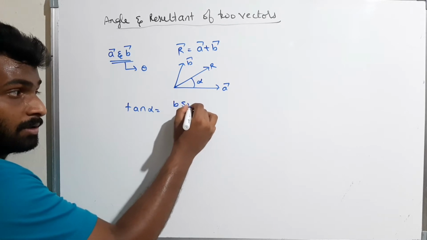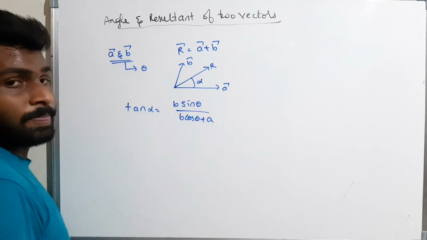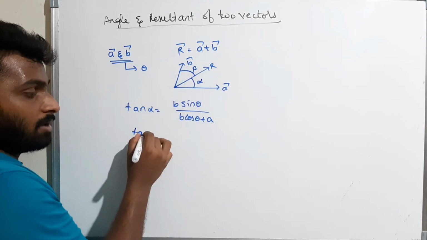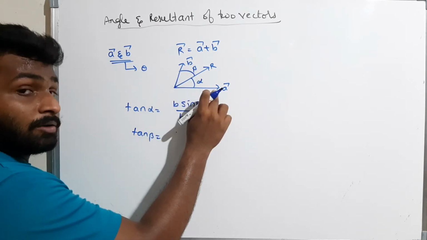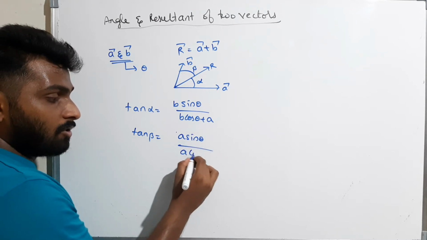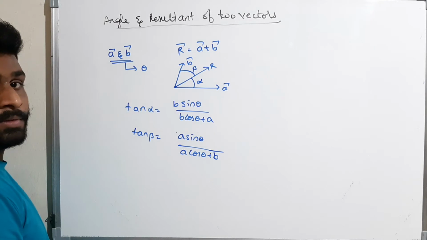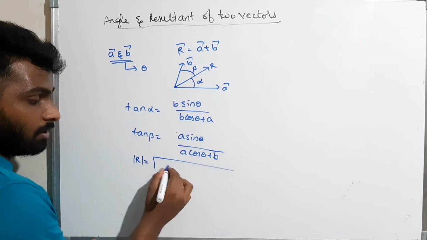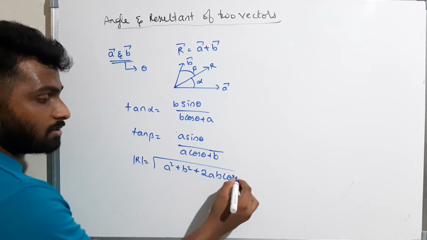Therefore, b sin theta by b cos theta plus a. Now, the angle made by the resultant with b bar is beta. Therefore, tan beta is, if I want to find the angle with the b bar, then I have to take a first. Therefore, a sin theta by a cos theta plus b. Now, what is the magnitude of R? The magnitude of R is nothing but root of a square plus b square plus 2ab cos theta.